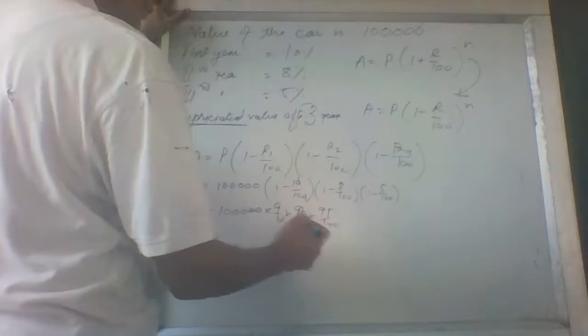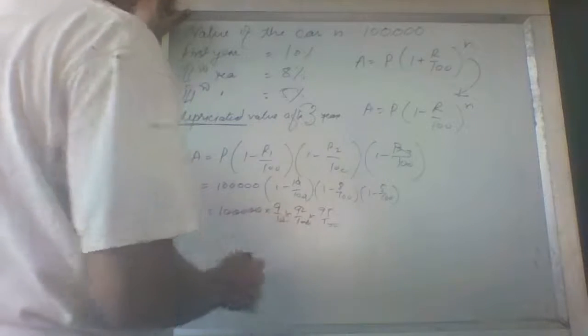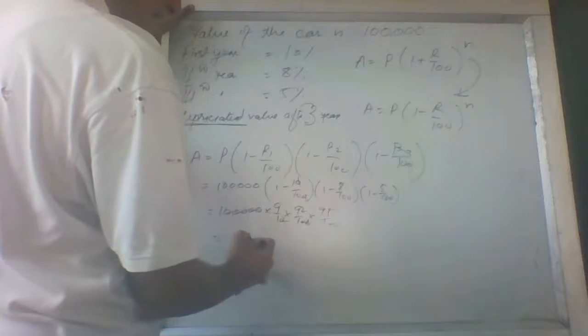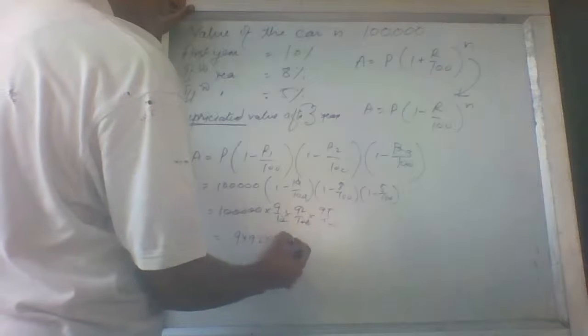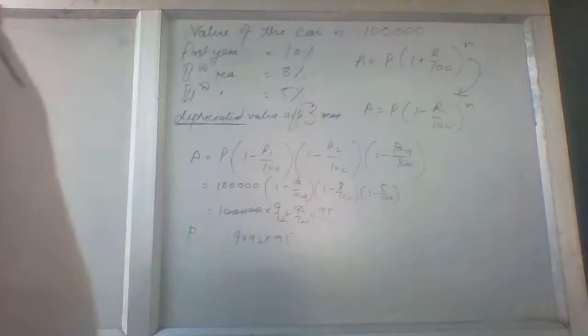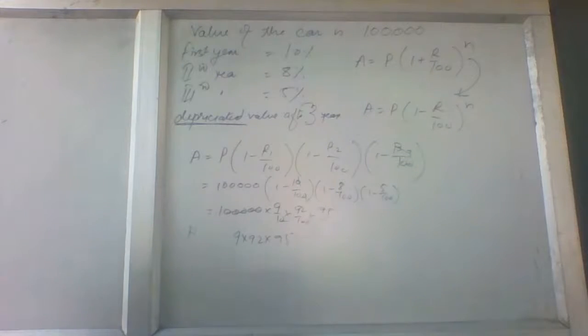The 5 zeros are gone, so the answer is 9 into 92 into 95. This will be the final amount formed at the end of the 3 years.